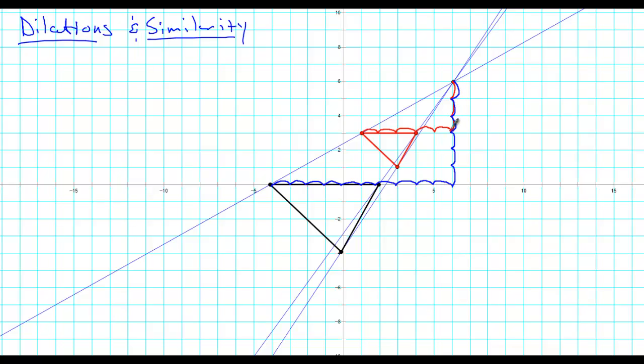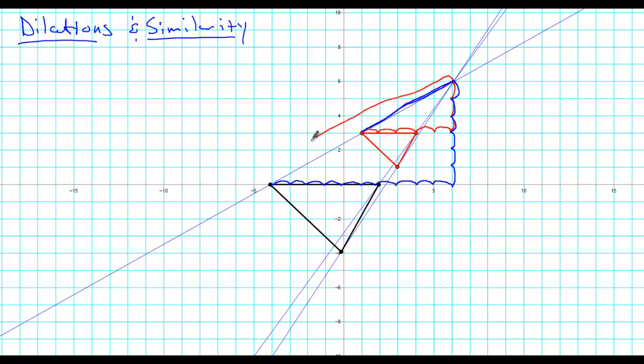So this is down 3 over 5, this is down 6 over 10. So my scale factor has stayed the same, the same thing is happening, but it's not that I'm just multiplying the points by 2. I'm actually multiplying this distance by 2.